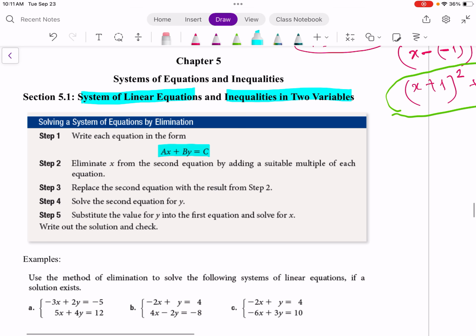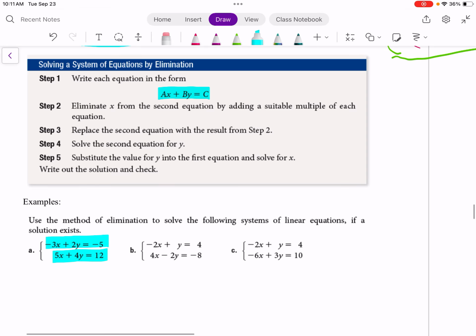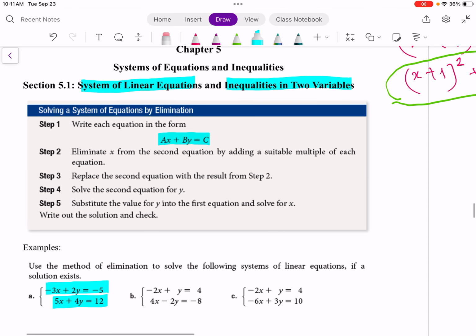Now, if we have more than one equation, then we call it a system of equations, like here. So we have two linear equations. So this is one system of linear equations, or we can have three. If we have more than one linear equation together, we call it a system of linear equations. And in this section, we will try to solve a system of linear equations.